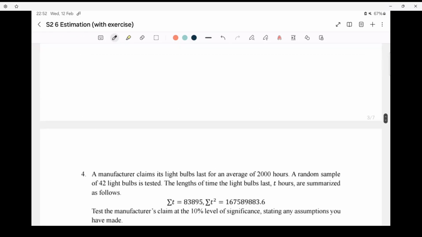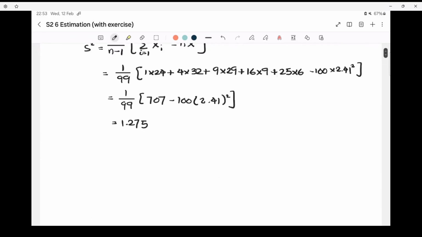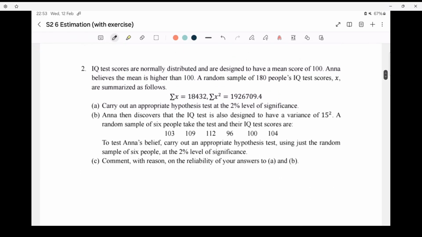So now let's look at hypothesis testing. So basically the procedure for hypothesis testing will be the same. The first thing that you need to find is whether or not this is a one-tail or two-tail test. And then you need to check whether or not this time you need to calculate the unbiased estimate of population variance. Once you did that, you formulate your null hypothesis and your alternate hypothesis.